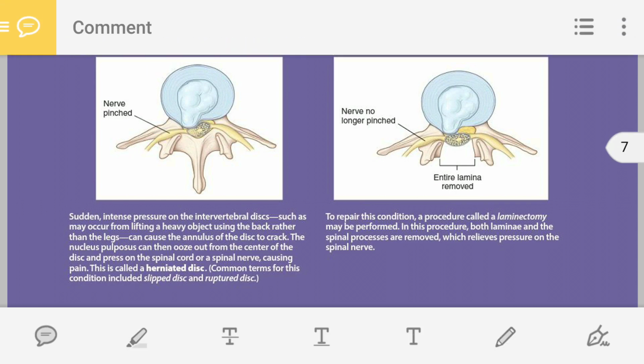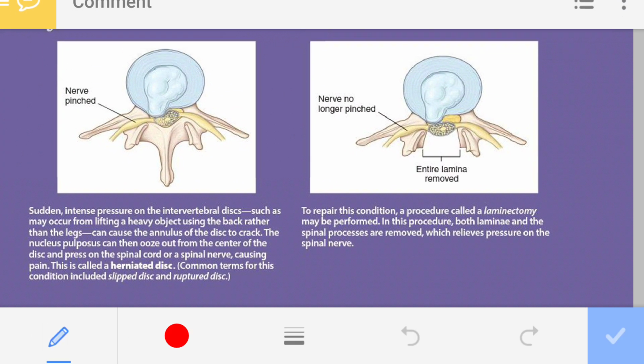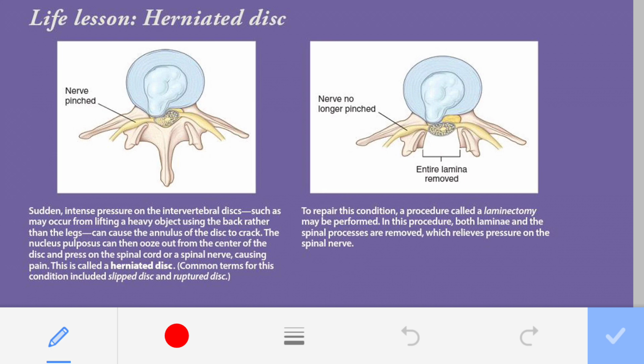Now, the orthopedic doctor will perform a surgery. As you can see, this is the lamina and this one is the lamina part, and this one is the spinous process. With the surgery, the doctor will remove this lamina as well as the spinous process, to reduce the pressure of this pulposus on the spinal cord and the spinal nerve.